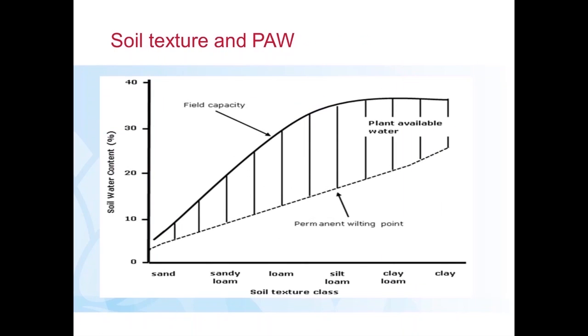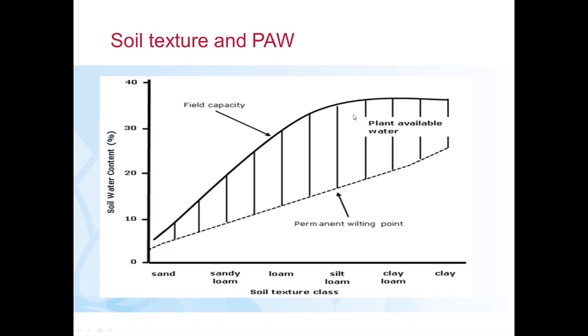I'll just flick along, exploring this concept of field capacity or drained upper limit, and permanent wilting point, and the slight differences, but also the similarities. As you move along the x-axis, you're getting a heavier texture. So sand is a quite coarse, lighter soil, and its ability to hold water is not as great as, say, a silt or a loam.